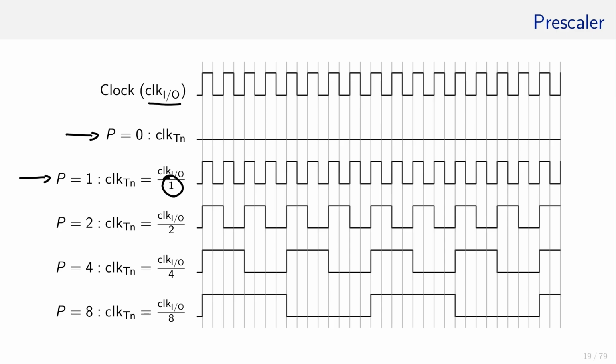A prescaler of 2 would halve the original clock frequency, and the prescaler of 4 would quarter it. Since it slows down the frequency, and since the counter register increments with every positive edge of the clock, such as this one and this one, a higher prescaler makes the TCNT count slower.